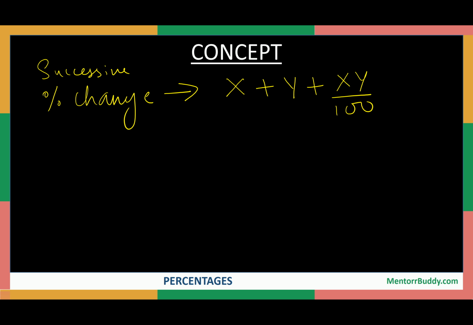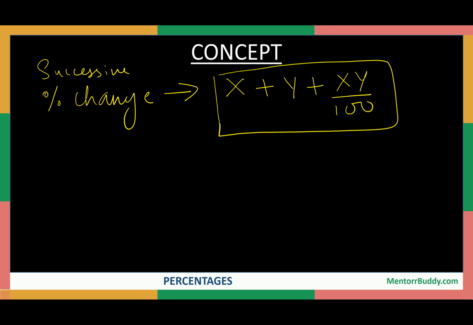Let the first percentage be x and the second percentage be y, then the successive percentage change will be equivalent to x plus y plus xy upon 100, where x and y are percentages. If there is a percentage increase, we will take a positive value. If there is a percentage decrease, we will take a negative value.